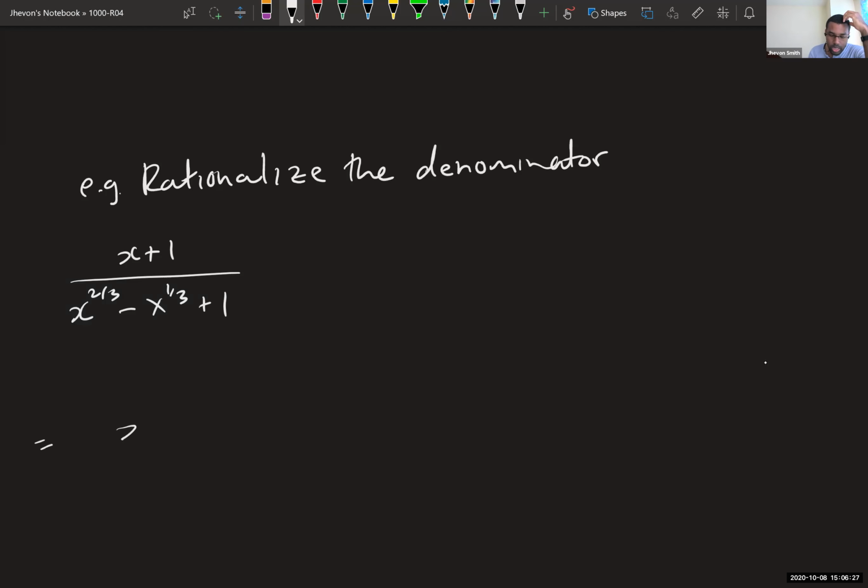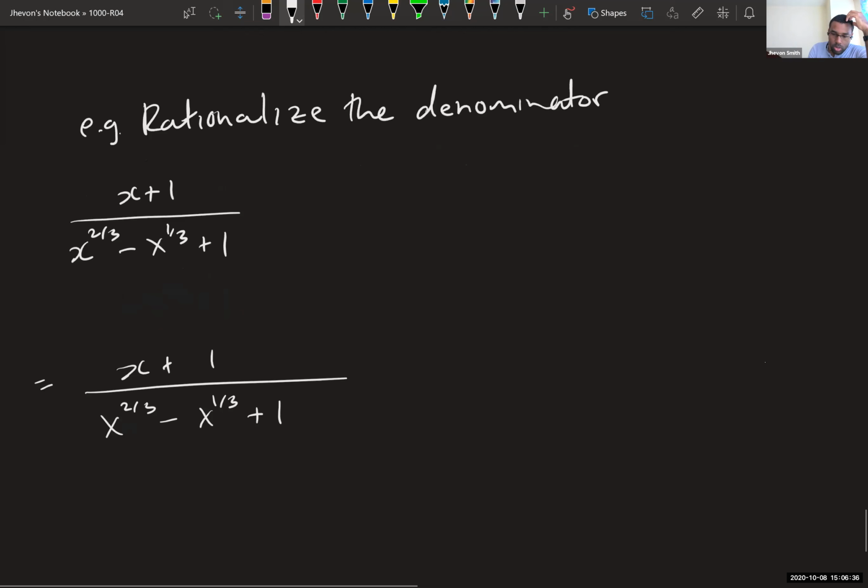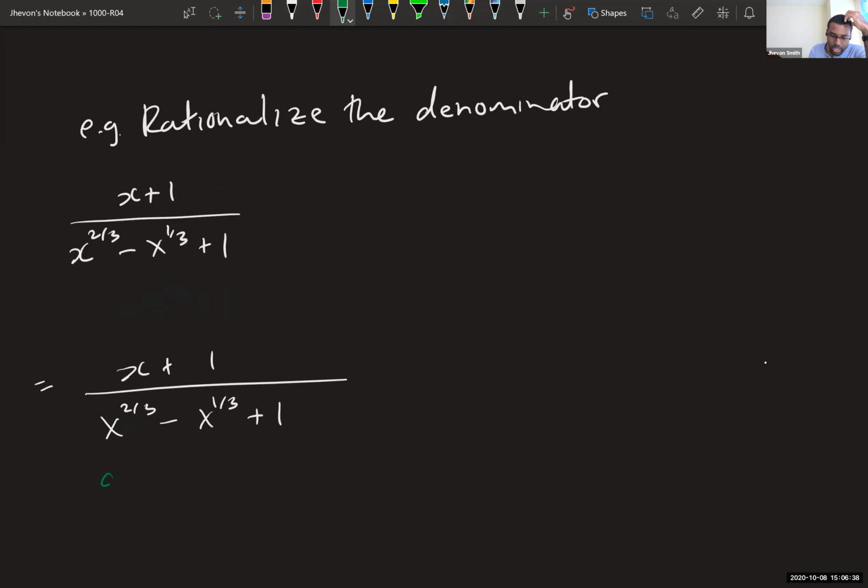So you'd be able to say, well, if I think of this as the square of something, and that as the product of the two things, and this as a square of something, then multiplying by a plus b is actually going to allow me to cube both terms and end up with something like that.